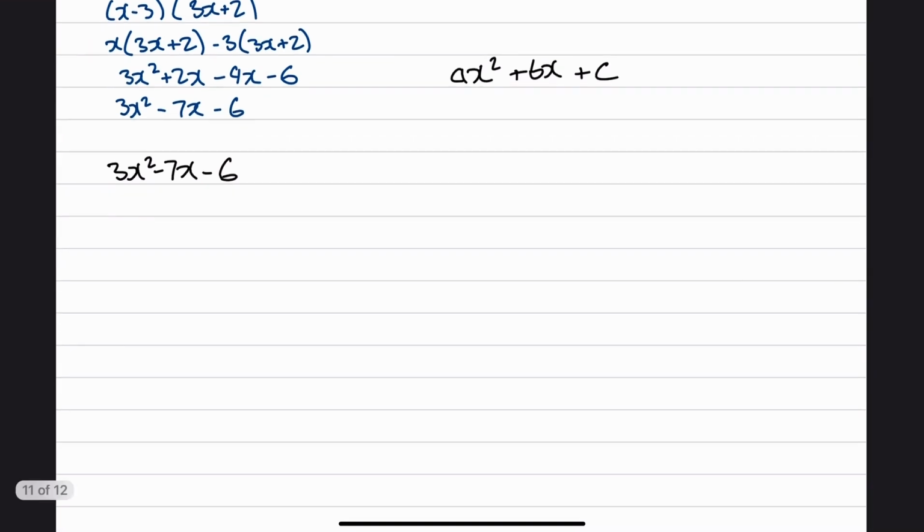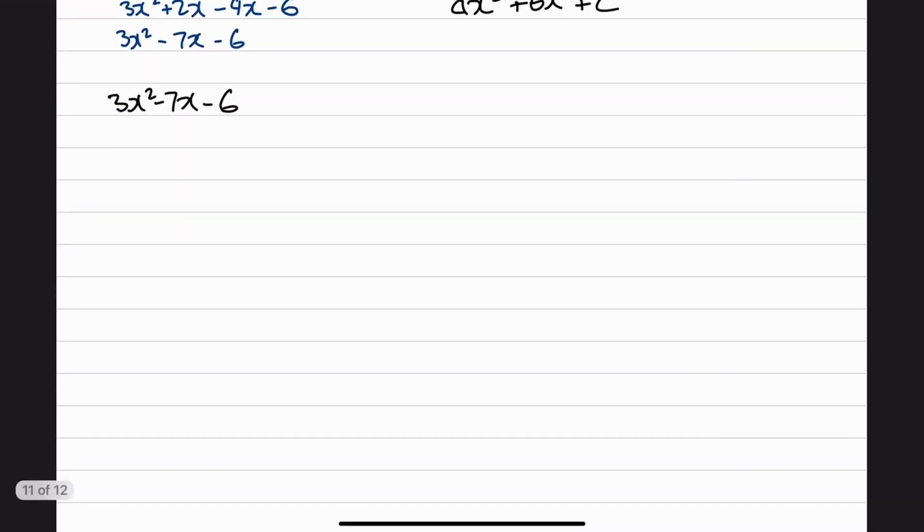Let's do this in steps. The first step would be to multiply a into c, which in our case is 3 into 6, which gives us 18. The second step would be to write down the factors of 18.